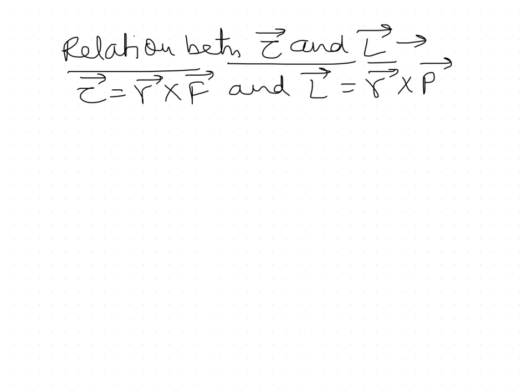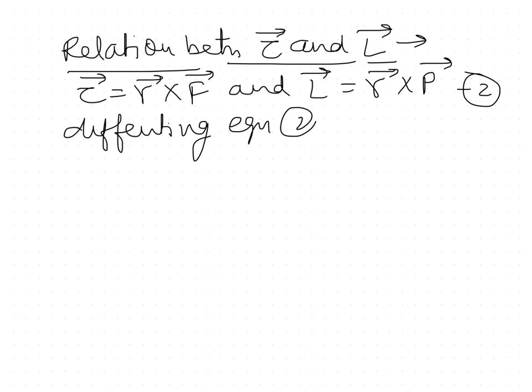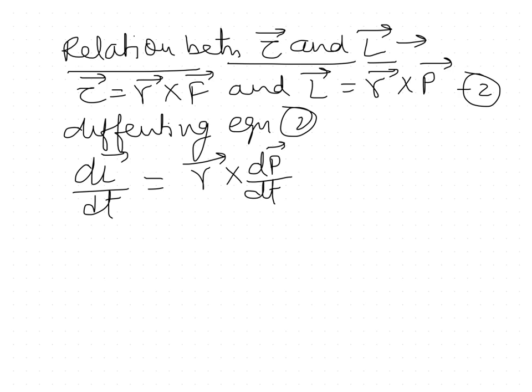If we differentiate equation 2, then we get dL over dt on the left-hand side, and on the right-hand side we take r constant and differentiate the second term, that is dp by dt, plus the differentiation of the first term with the second term remaining constant.